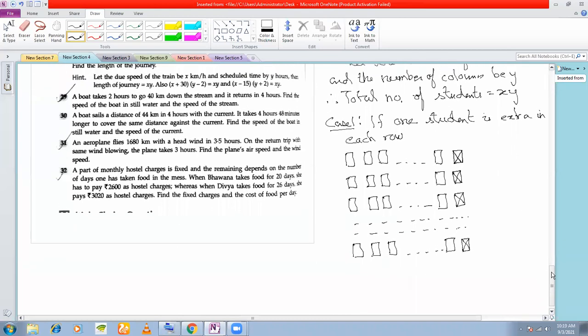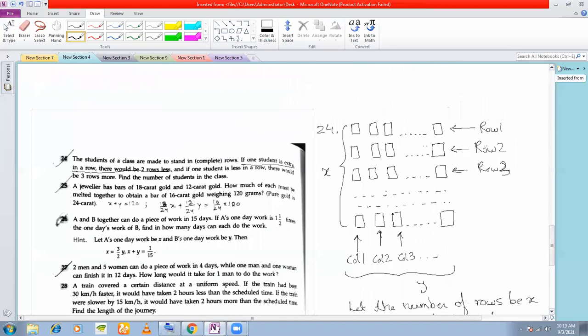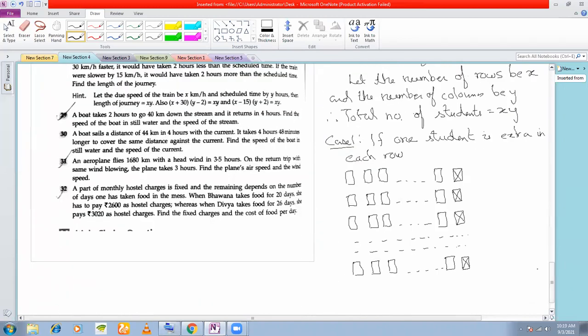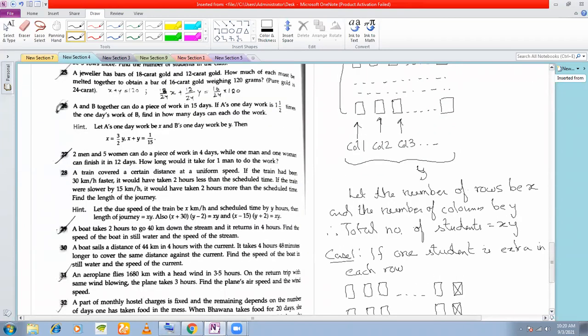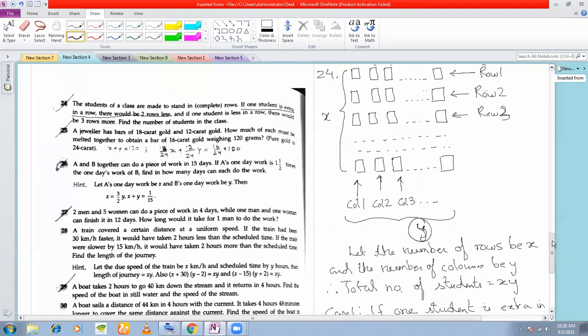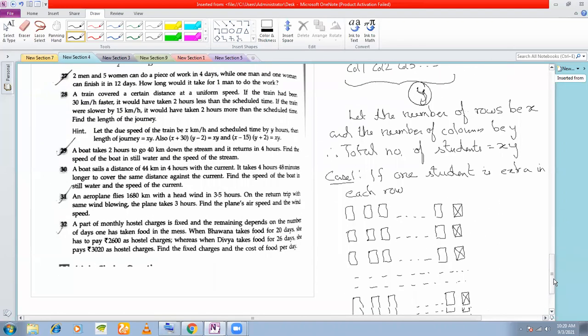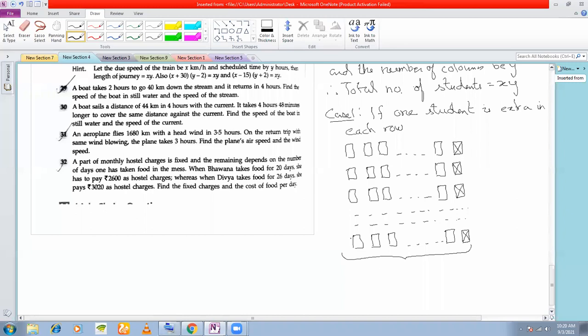Okay, so in each row, I add an extra student. So initially, how many rows were there? There were X rows, right? So if I'm adding one student extra in each row, now how many columns are there? Initially, how many columns did I have? I have Y columns, right? Now, how many columns do I have? Let me draw this.